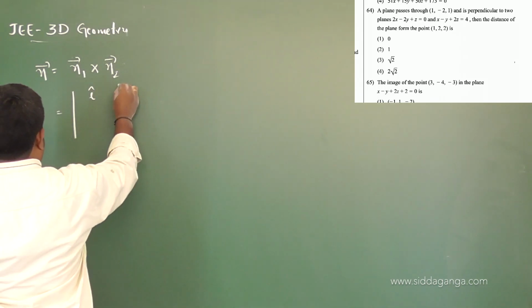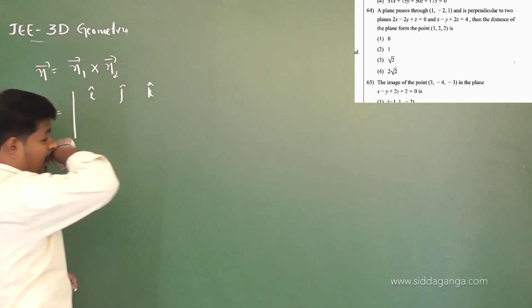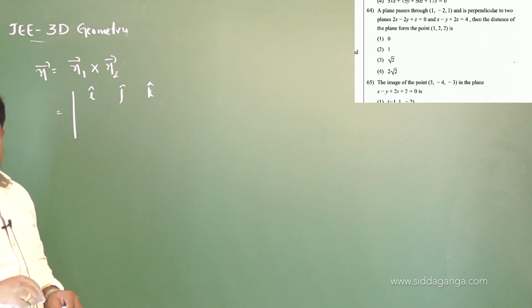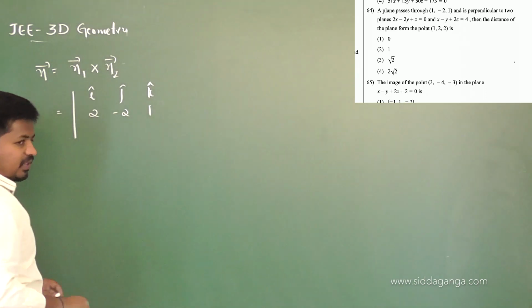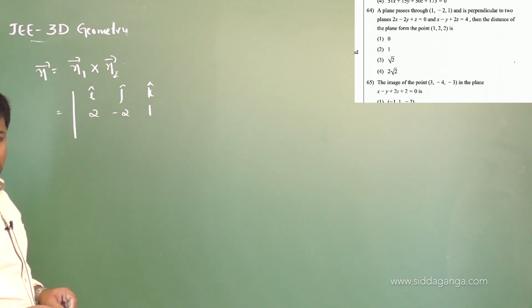So i, j, k, and the coefficients are: 2, minus 2, 1, the ratios of the first normal, and the ratios of the second normal 1, minus 1, 2.